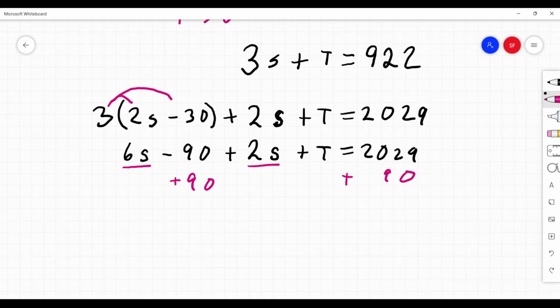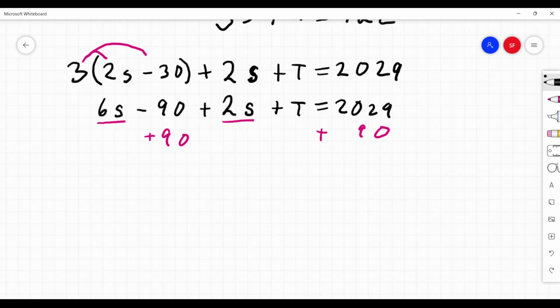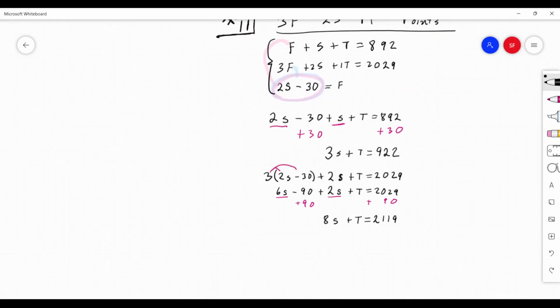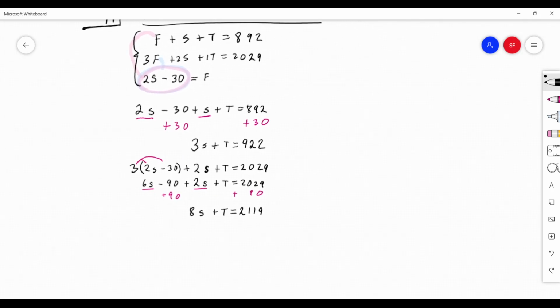Why are you saying minus? Trying to trick me. Because I saw the minus. 8S plus T equals 2119. Yep. What should we do now? Now we combine those two together. Okay, so now we've got a 2 by 2, right?